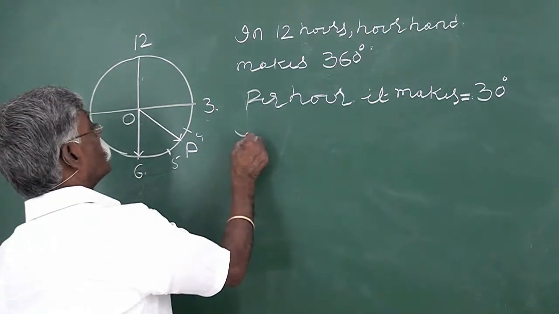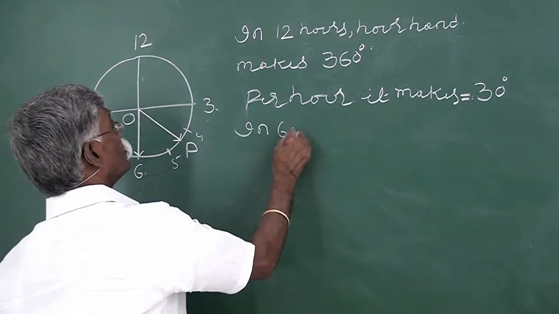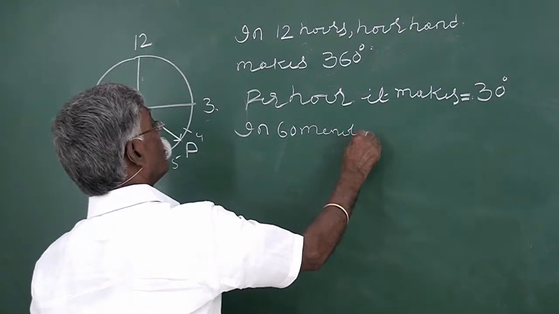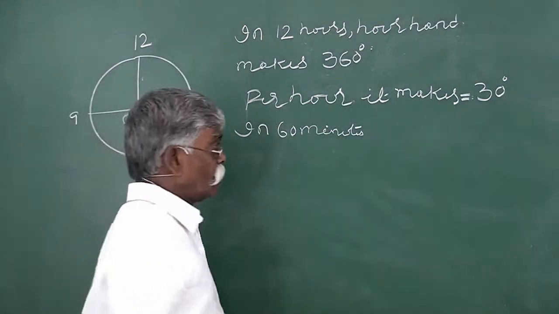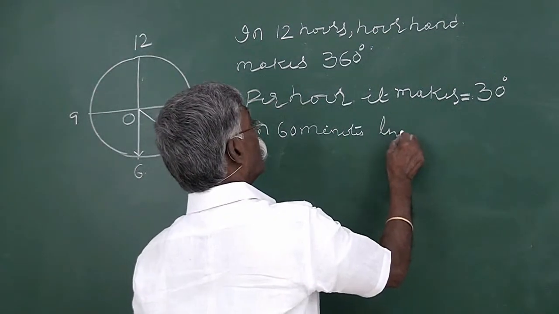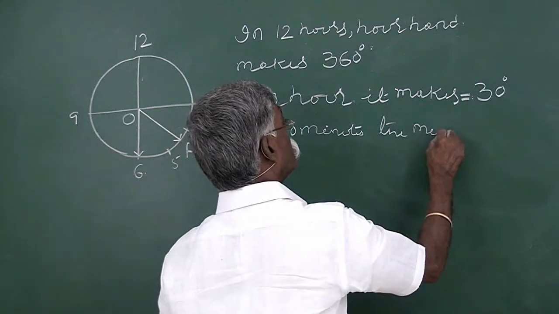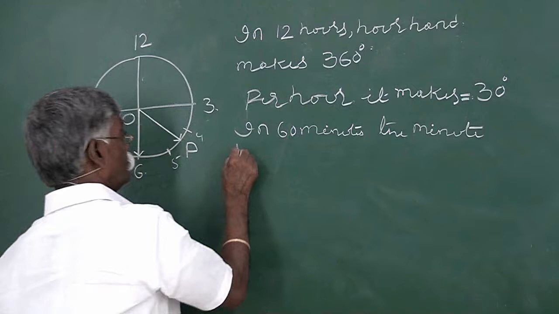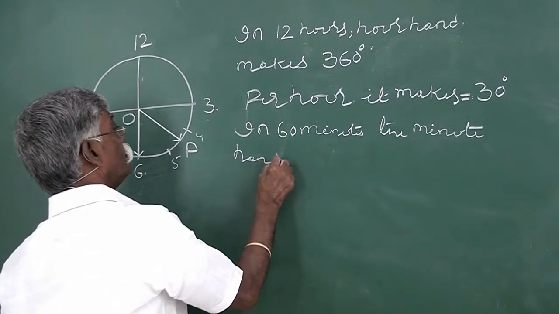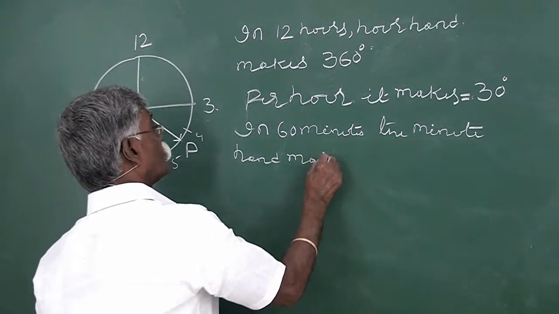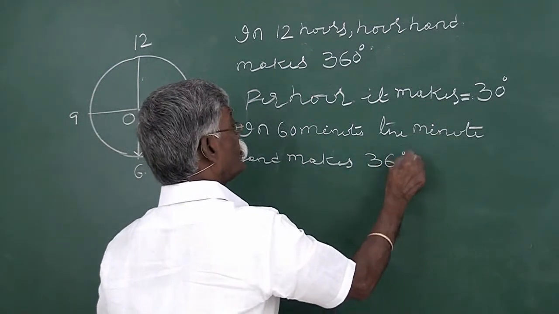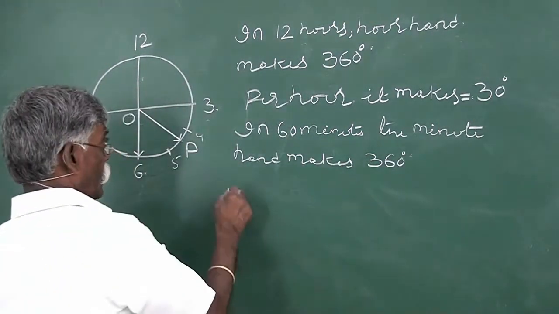And in 60 minutes, that is 1 hour, the minute hand makes 360 degrees.